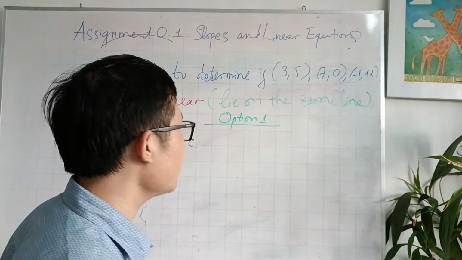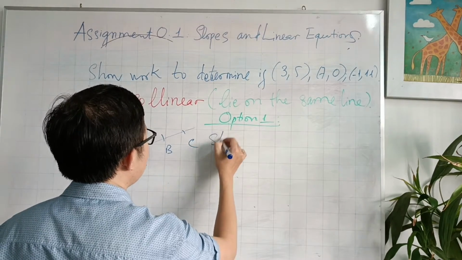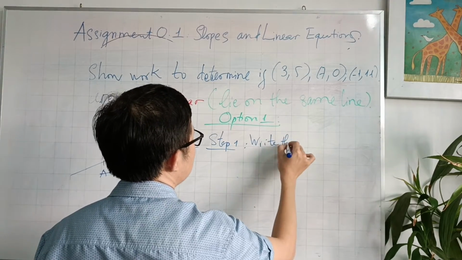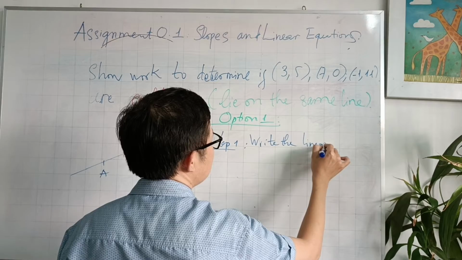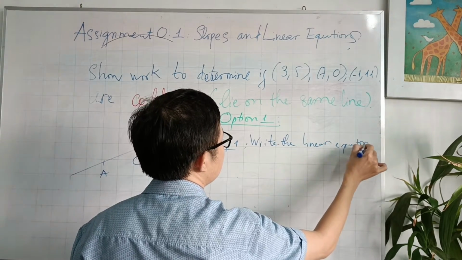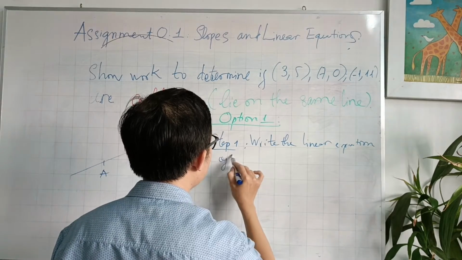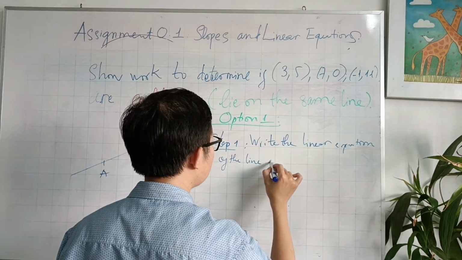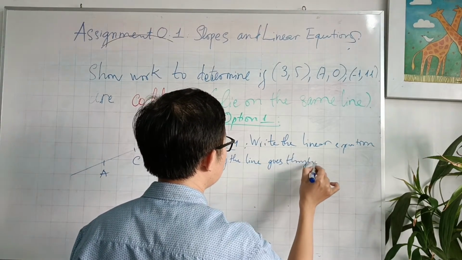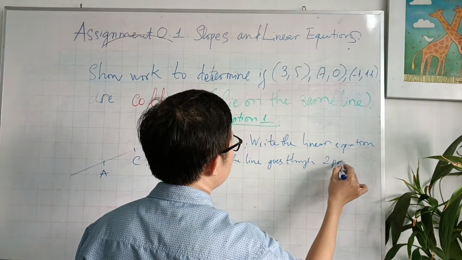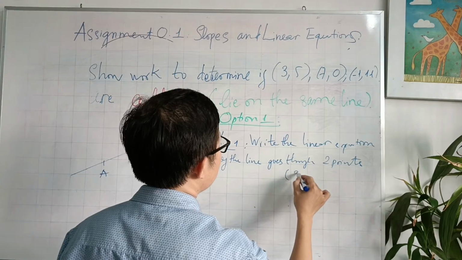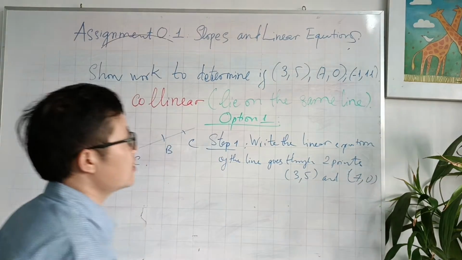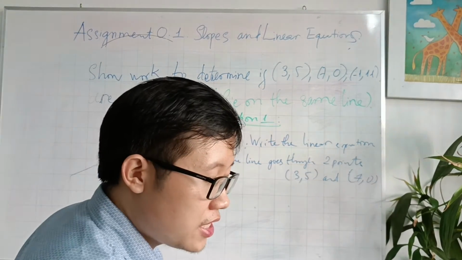So we do it here. Step 1, write the linear equation of the line that goes through 2 points, (3, 5) and (7, 0). It is very easy.